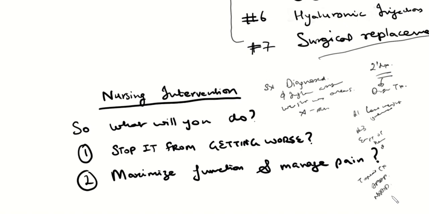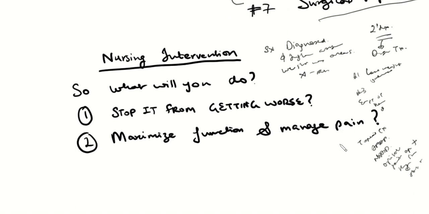And then next steps are tougher because they deal with opioids, potentially, joint aspiration with steroids, and then hyaluronic acid, and last but not the least, joint replacement. Okay, and that's osteoarthritis.